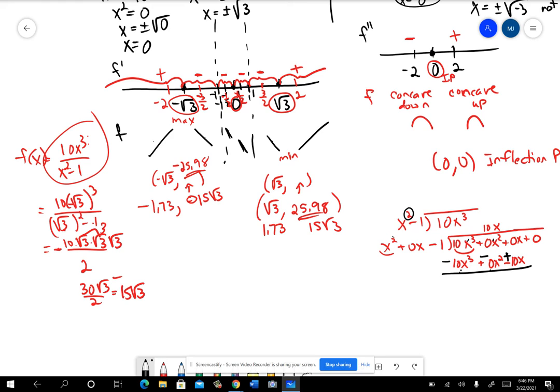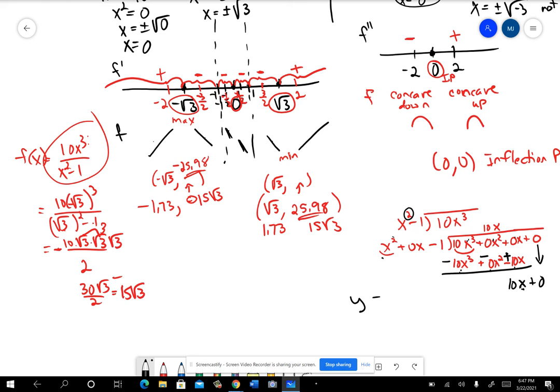That's just 0. And over here, I have 10x. And then I bring down the next number. Okay. All right. Well, at that point, I wind up having the degree here being less than what I have here. So you're ready to write the remainder.